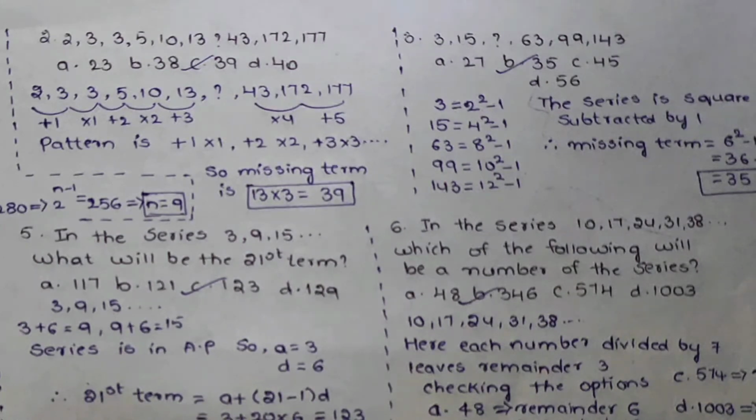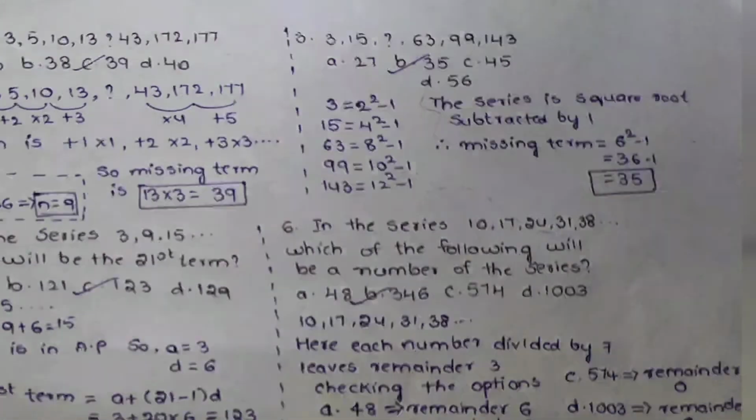Similarly if you add 3 to 10 you get 13. So here the pattern is plus 1 and into 1, plus 2 into 2, plus 3 and into 3. So the missing term after 13 should be multiplied with 3 because previously it is added with 3. So if you multiply 13 with 3 you get the answer as 39, which is option number 3.